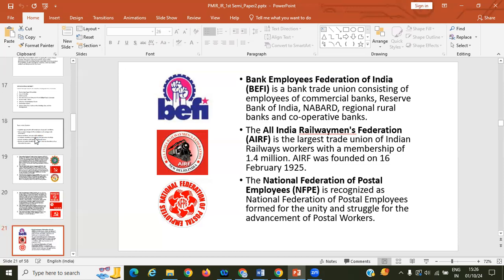Read this up to the different types of trade unions. Then we'll discuss the different characteristics and how trade unions are helping people. We'll take some case studies and discuss that in the next class. Thank you.